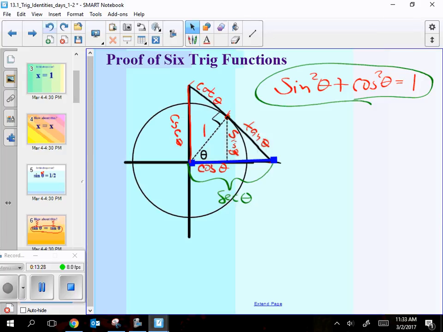So, does anybody see another right triangle that should yield another true statement using Pythagorean? I'll give you a hint. I want you to have a 1 in it again because that's a nice number. You get 1s a lot when you're reducing things, and so if you can have a 1 in it, that's the best kind of Pythagorean.